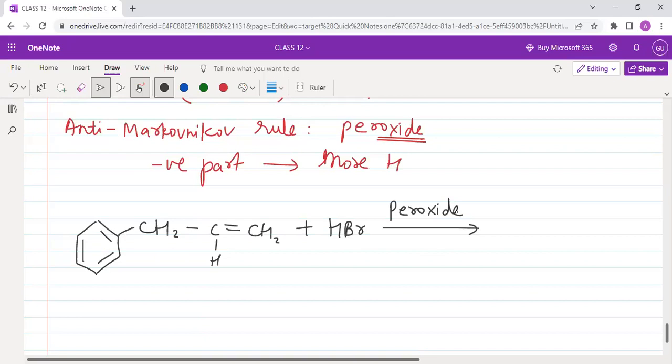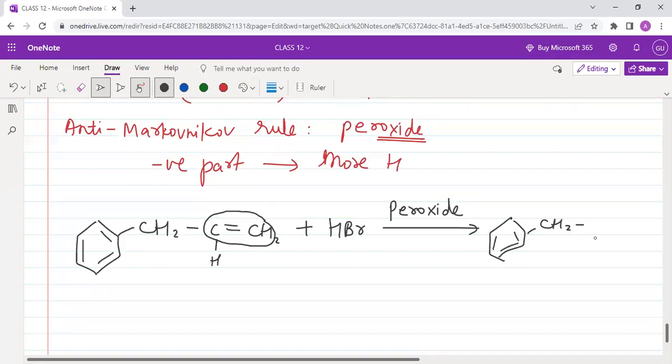So you can see that peroxide is present, so which rule will you apply? Anti-Markovnikov, because peroxide is present. I told you that whenever peroxide is present, you have to apply anti-Markovnikov. So how will you form the product? You just have to see the carbon atoms which are doubly bonded. Rest will remain same. So it will be CH2. This will remain same. Now tell me the product.